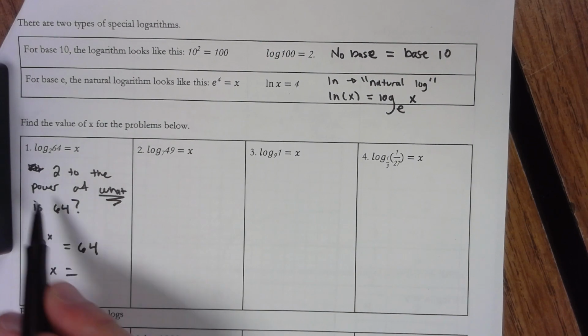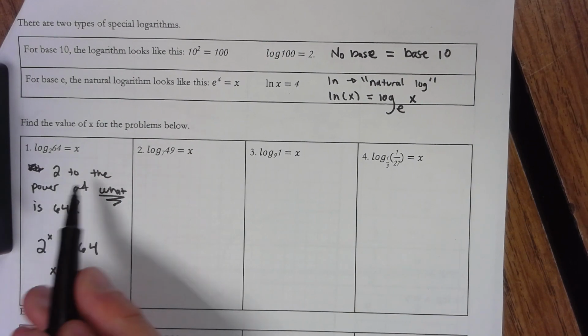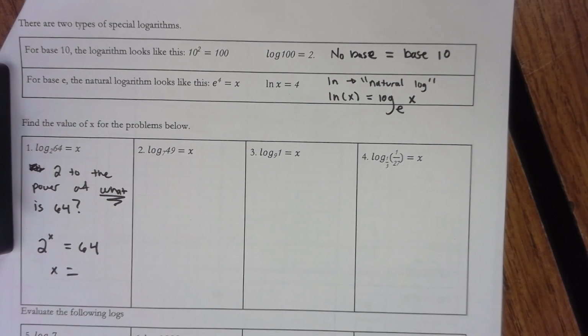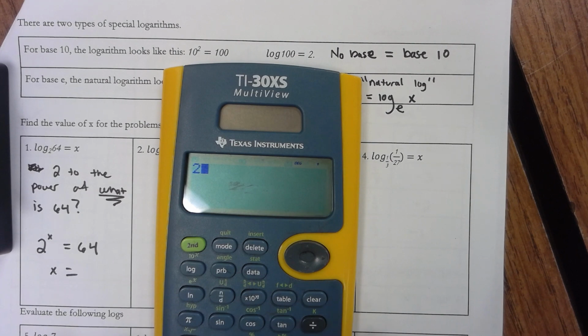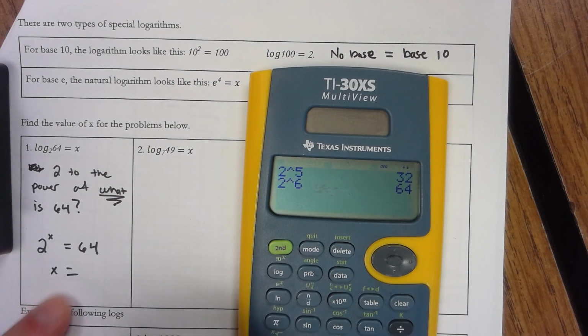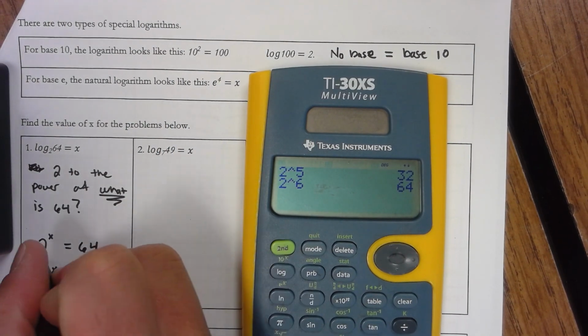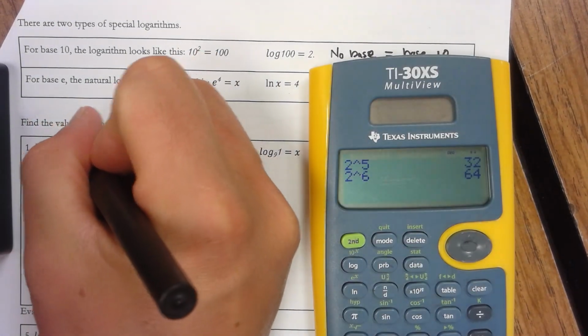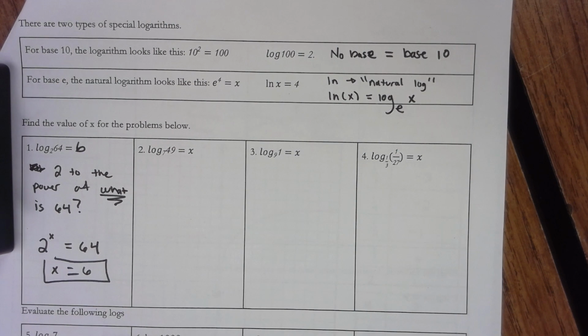That gets me to the same question: 2 to the power of what is 64? Some of these will be more obvious than others. I think it's 5? 2 to the power of 5? I think it's 6. 2 to the power of 6 is 64. So x is 6, and thus log base 2 of 64 equals 6.